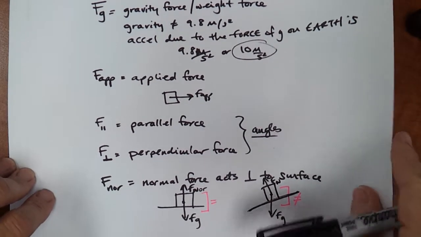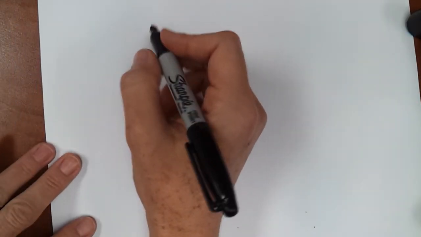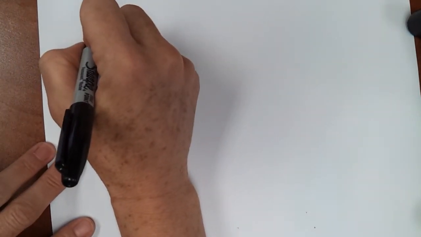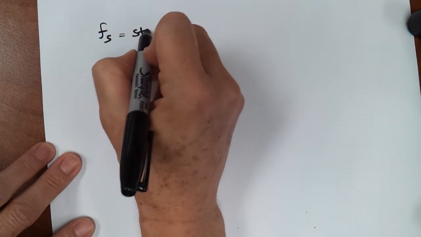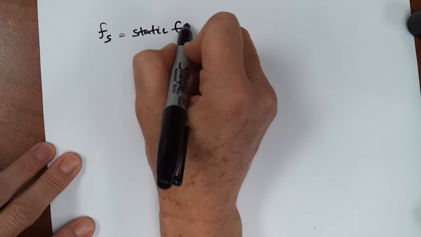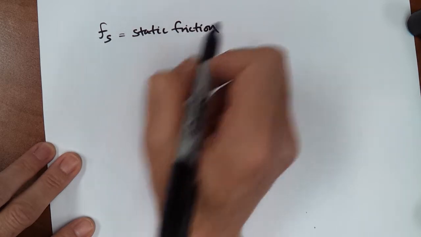We also learned about static friction. So we have Fs, static friction, the friction that exists between two non-moving surfaces.